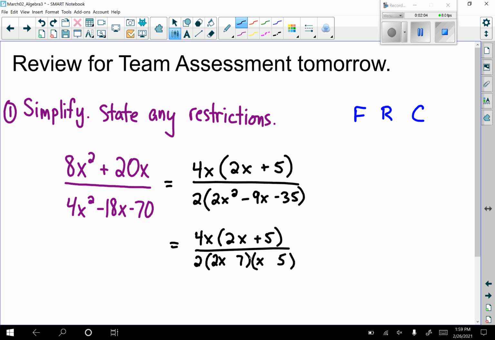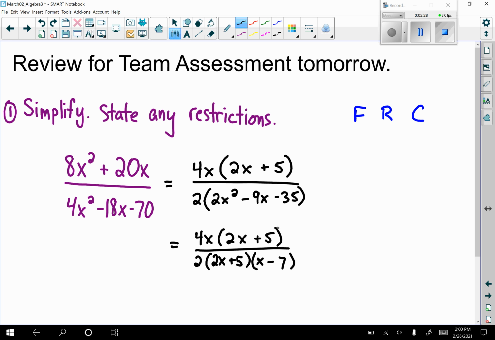I'm going to get a 10x on the outside, 7x on the inside. 10 and 7 will not get me to a 9, so let's just switch those. So let's try the 5 and the 7. I'll get a 14x on the outside, 5x on the inside. Now 14 minus 5 will give us 9, but we need a negative 9, so we want a negative 14 plus 5.